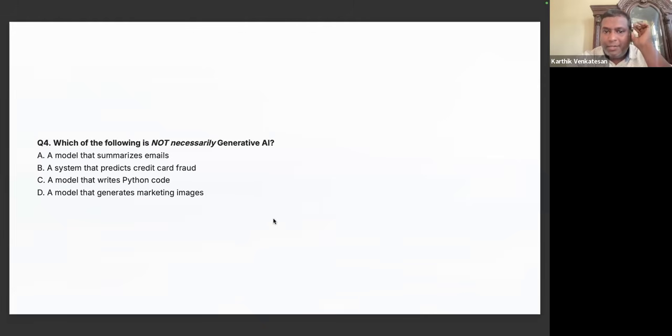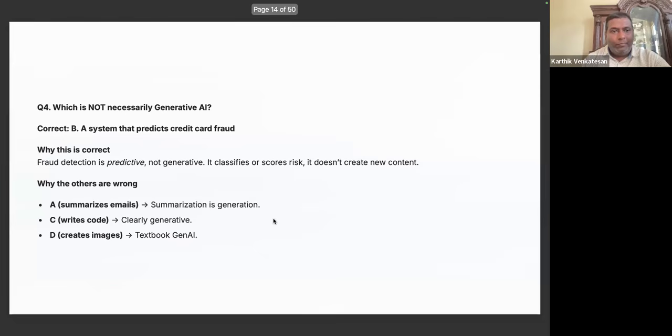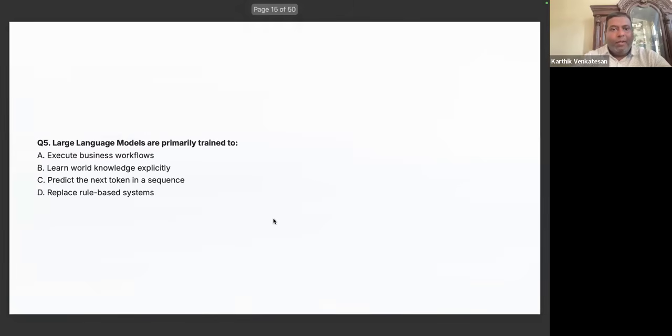Why a system that predicts credit card fraud is? Okay, yeah, ML algorithm. Yeah, right answer. Classification, ML algorithm.